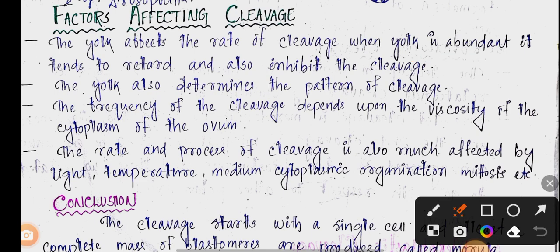The yolk also determines the pattern of cleavage. The frequency of cleavage depends upon the viscosity of the cytoplasm of the ovum. The rate of cleavage is also affected by light, temperature, medium, cytoplasmic organization, mitosis, etc.